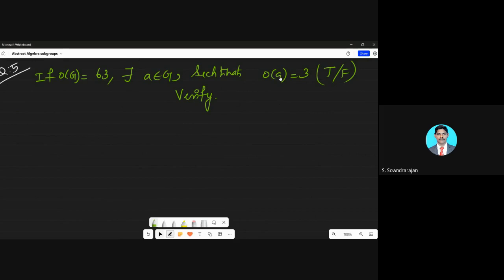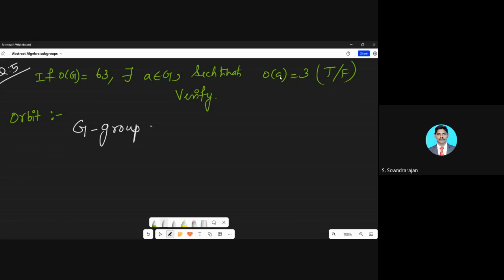Next concept is orbit and stabilizer. Suppose G is a group.